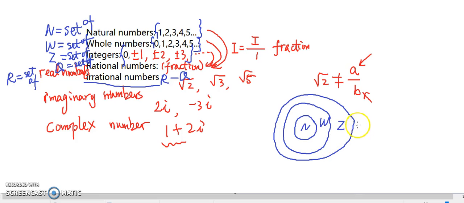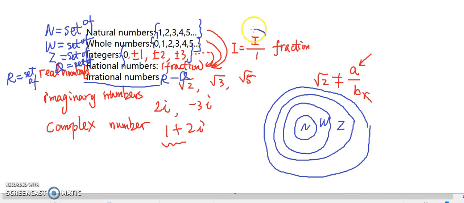And if we add other fractions other than fractions of this format, for example, such as 1/2, 2/3, these cannot be simplified to integers, and we will get all the rational numbers, which is Q.